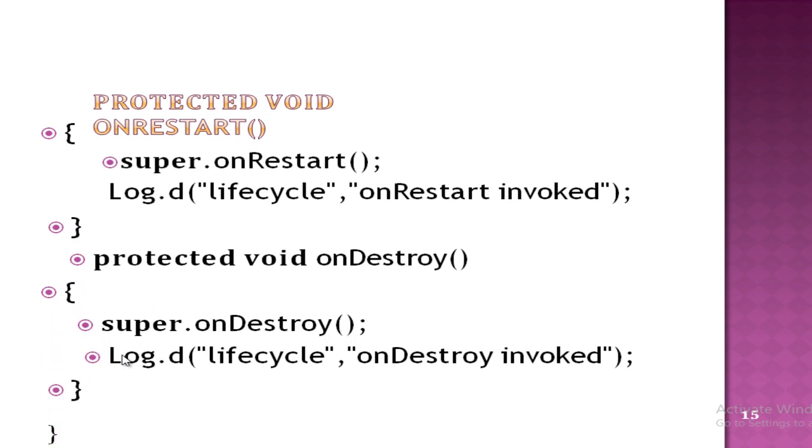So whenever you perform any action regarding the activity, it will be shown like this. Okay, so that is the onRestart or onDestroy method. So this is the example of Android activity.